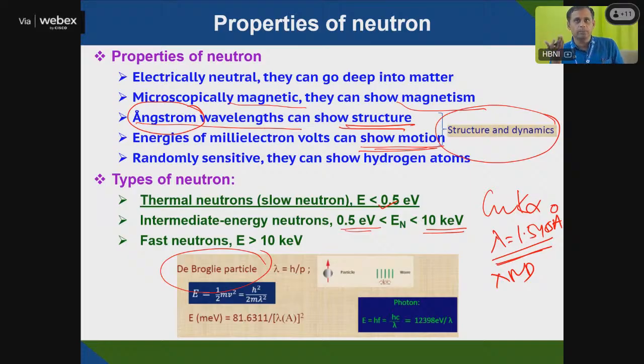So those are simple carbon hydrogen constituents. So there you will not get any X-ray diffraction pattern or X-ray information. But if you see the small angle neutron scattering, you can easily, randomly sensitize those hydrogen atoms, which can give you information about the position.